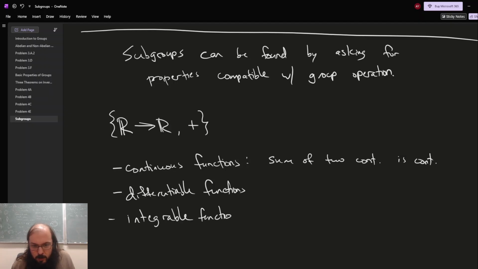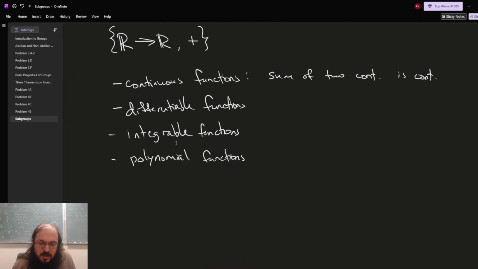We said before, polynomial functions. If you guys know linear algebra already, another important class, a subclass of the polynomial functions, are just the linear functions. Really, any other degree is also okay, as there are many such classes of these guys. And all of these will naturally be subgroups.